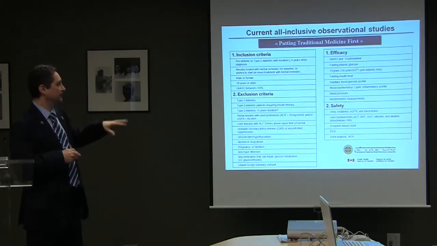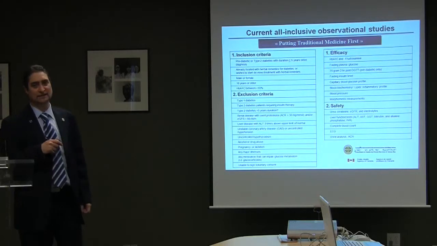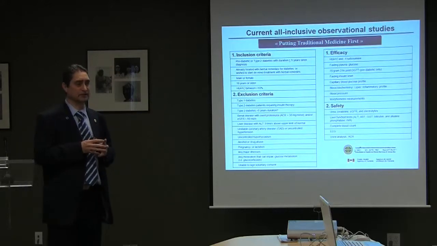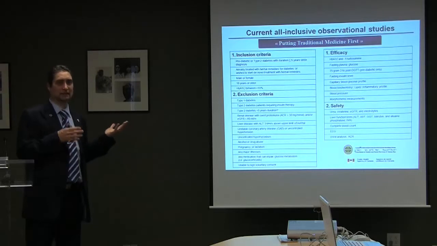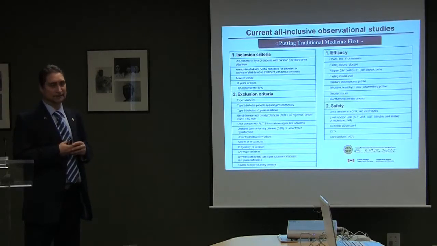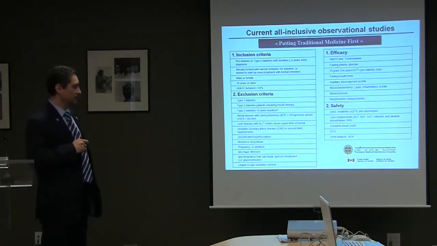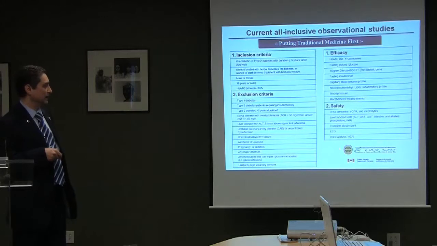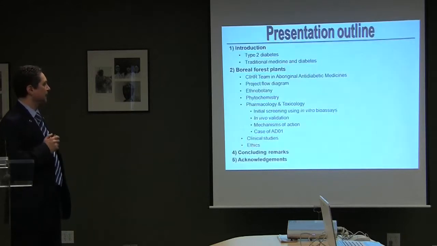I won't go through all of this, but for those who are interested, these are the inclusion-exclusion criteria. Of course, we're looking a lot for efficacy at all the blood and lipid parameters, and of course people are taking the Cree medicine alongside the diabetes drugs. That's why we're also paying a lot of attention to safety. This, as I said, is done in the Cree Nation of Mistissini with the help of the Cree Health Board, and even the Public Health Agency of Canada are partners in this study.